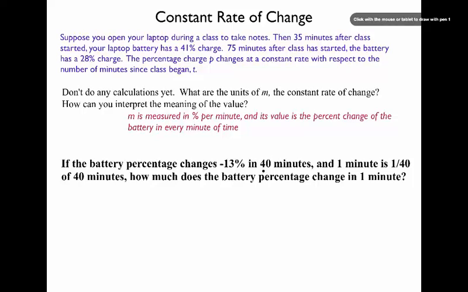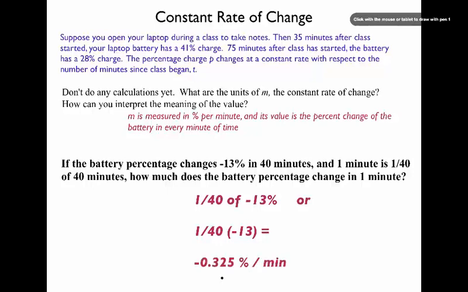Well, we're taking 1/40th of 40 minutes, so we need to also take 1/40th of negative 13%, which would be multiplication. 1/40th times negative 13, which would give a value of negative 0.325% per minute. And so this right here, if it changes negative 13% in 40 minutes, we want to know how much changes in 1 minute.